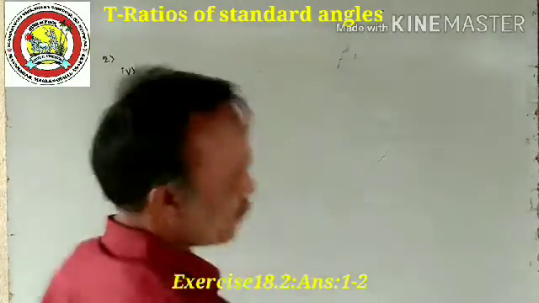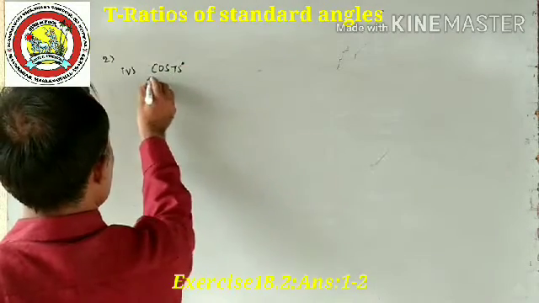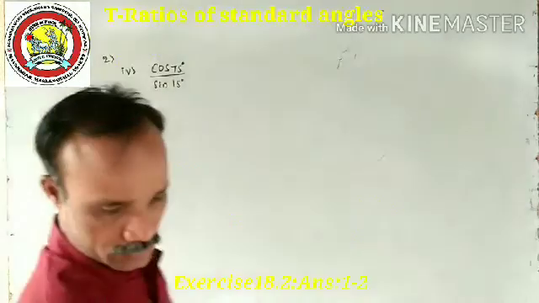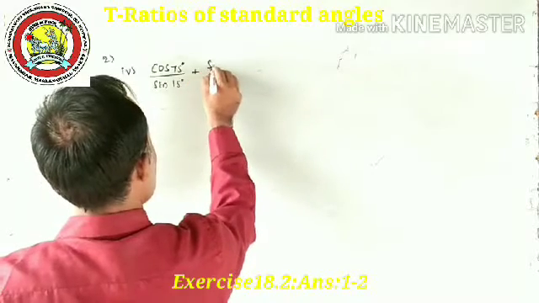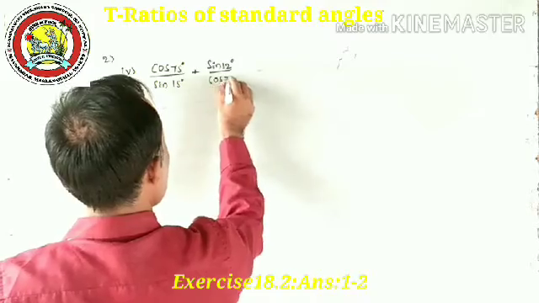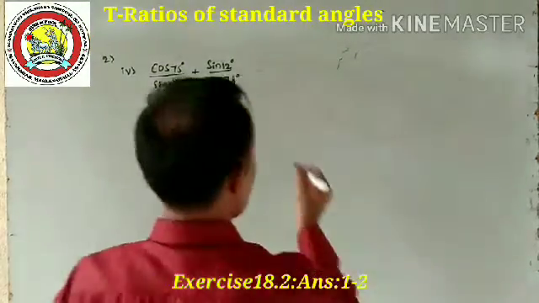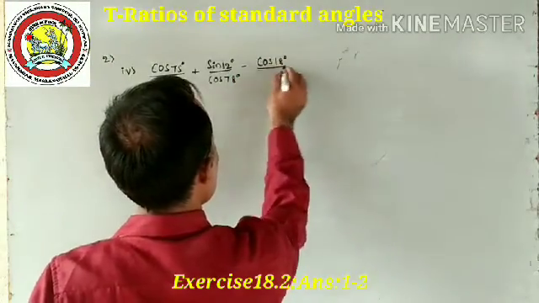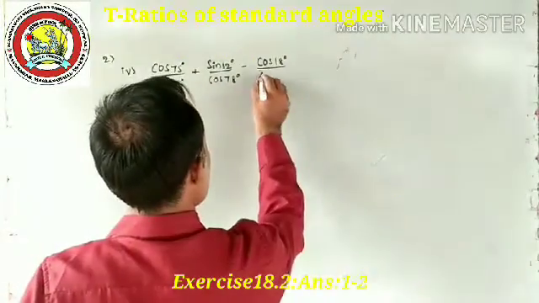Yes, cos 75 divided by sine 15 degrees plus sine 12 degrees divided by cos 78 degrees minus cos 18 degrees divided by sine 72 degrees.